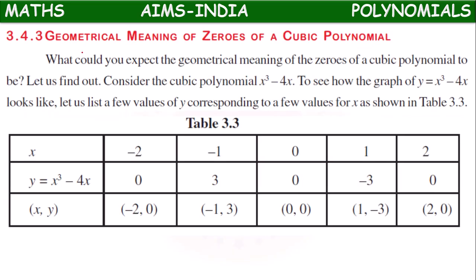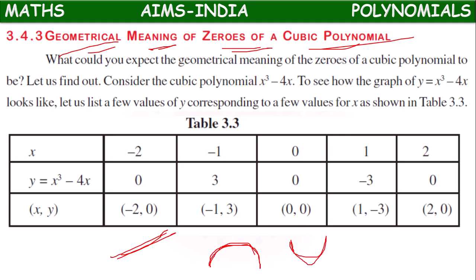Next. The geometrical meaning of zeros of a cubic polynomial. We have learnt about a linear polynomial, which is a straight line, and a quadratic polynomial, which is a parabola, either upward or downward.